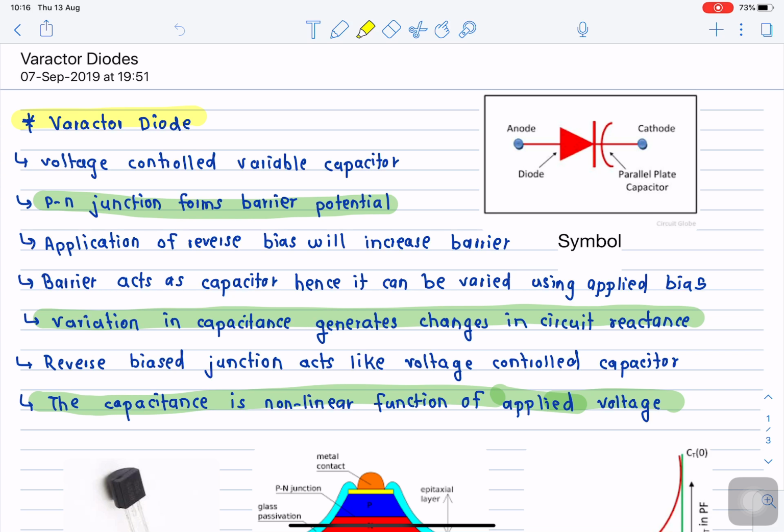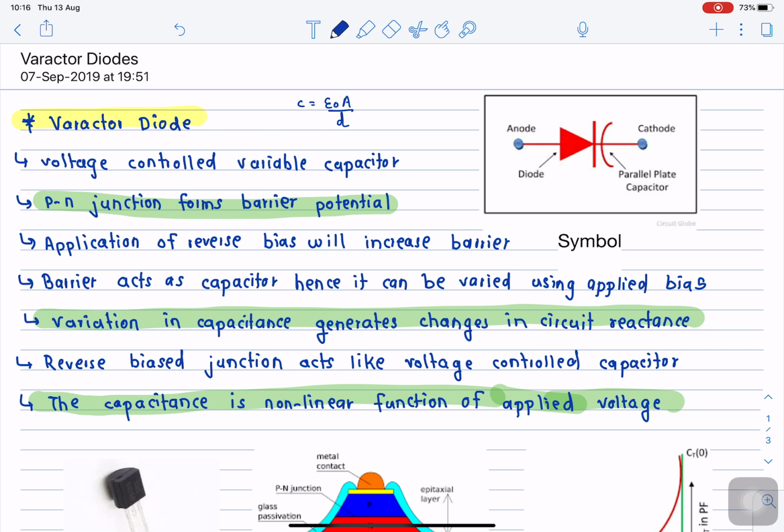So we can vary the value of the capacitance by varying the voltage which is applied across it. Basically we know how to calculate the capacitance. Capacitance C is equal to some constant epsilon naught, it depends on the area of the plate and it inversely depends upon the separation between the plates.